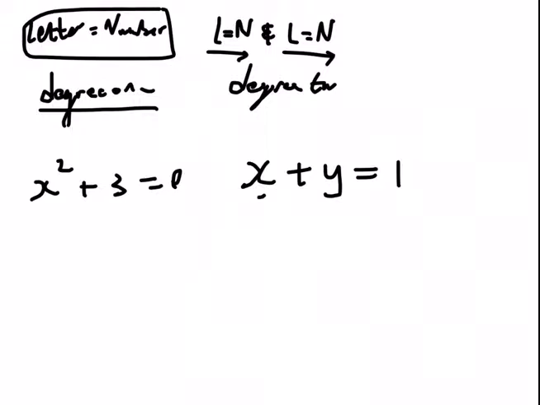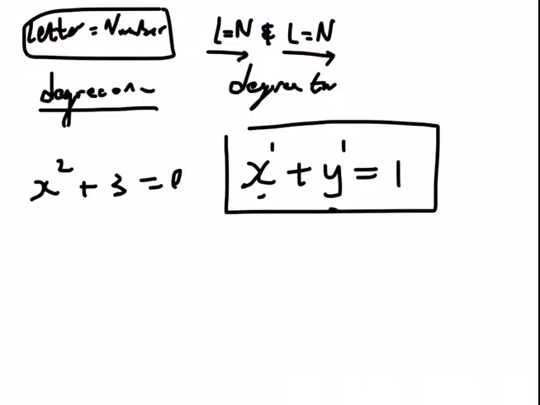So you see there is a letter, there is a letter. All the letters are to the exponent of 1. So I think it is easier to conclude and say when it comes to a linear equation, all the given letters are to the exponent of 1. That will be a linear equation.